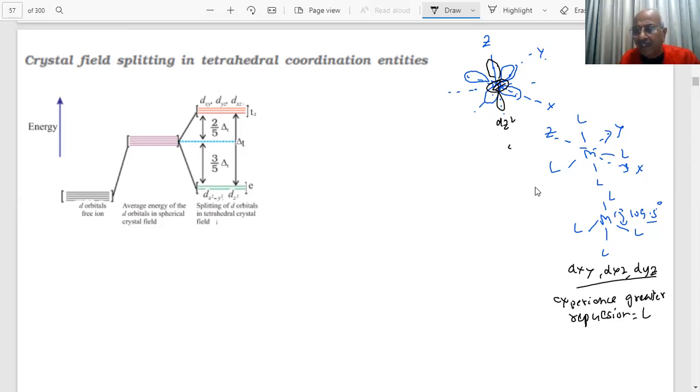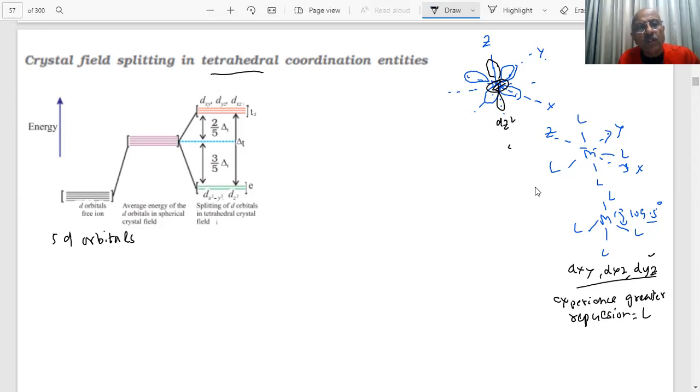This will experience greater repulsion in the case of tetrahedral coordination entities, and dx square minus y square and dz square will experience less. These are the five degenerate d orbitals.